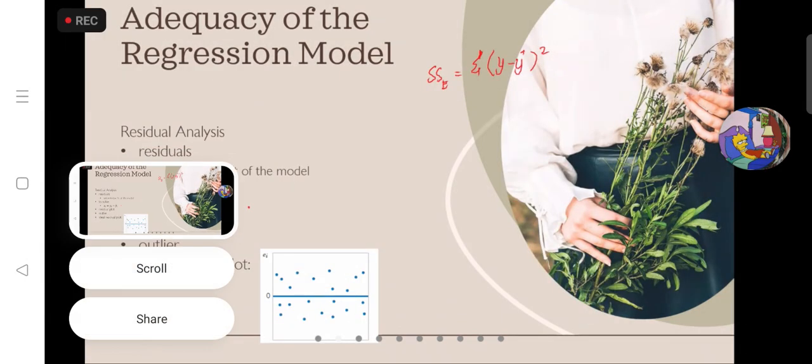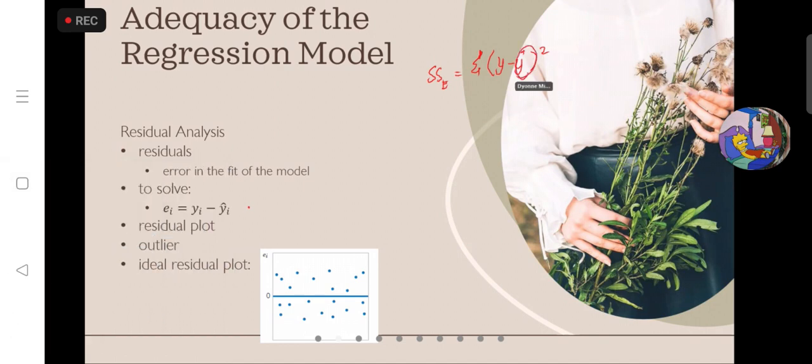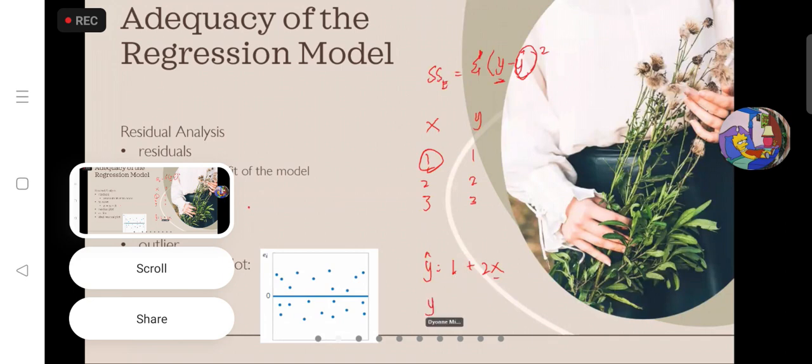To solve for y hat, we substitute the value of x, and then we compare it with the value of y for that x. So for example, if our x is 1, 2, 3 and our y is also 1, 2, 3, our y hat is equal to 1 plus 2x. We substitute the value of x here, so it becomes 1 plus 2 times 1. So y hat equals 3.